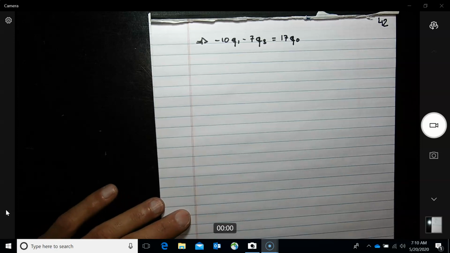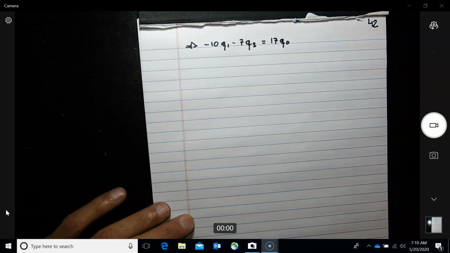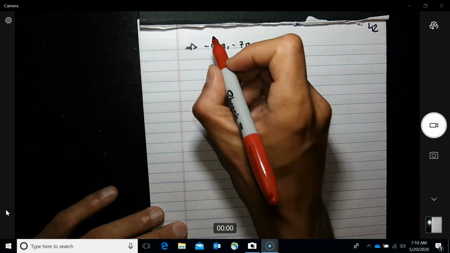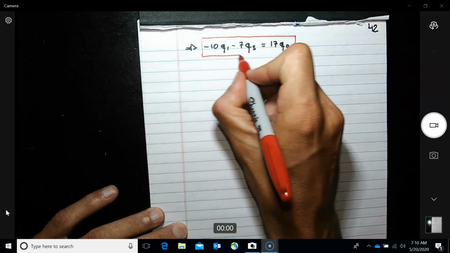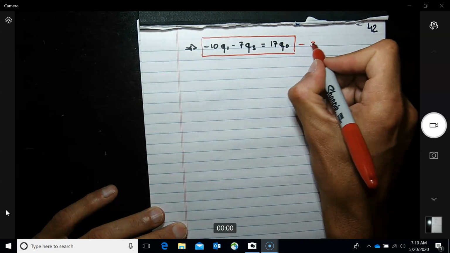Okay, and we cannot simplify this one more, so this will be our equation 3.